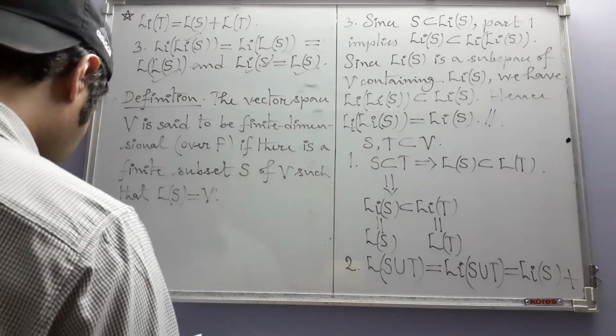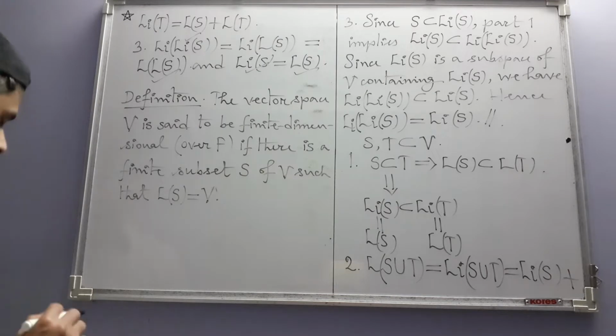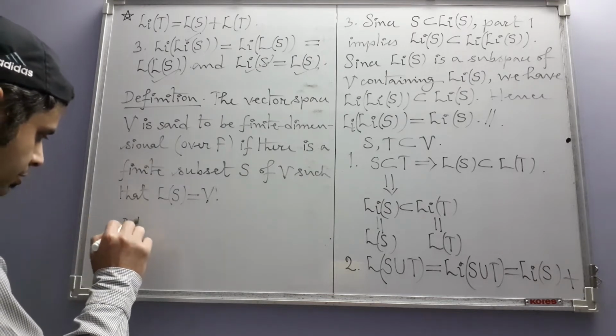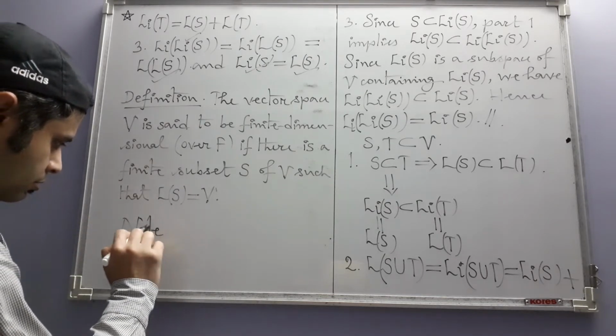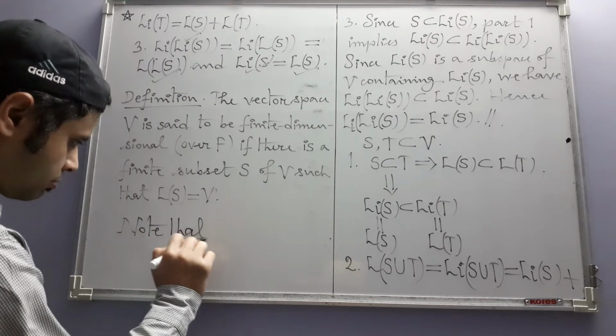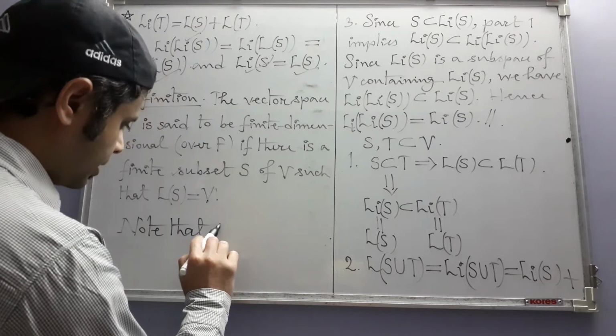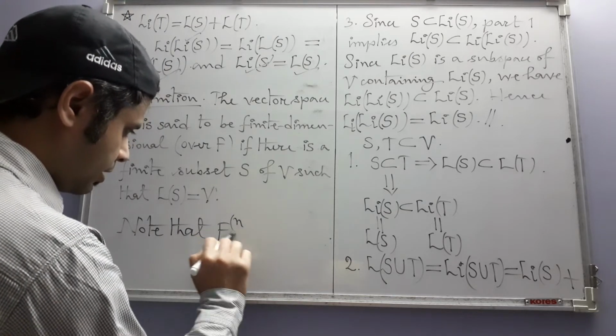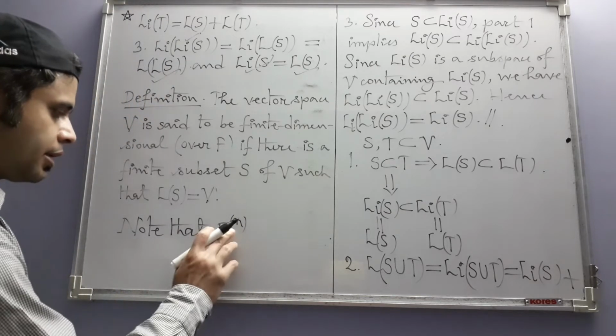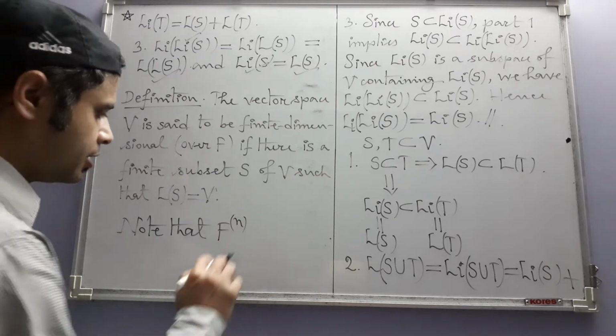Right. So after this, what does the author have to say? Note that Fn is finite dimensional, where F is some field, of course, and n is a positive integer.